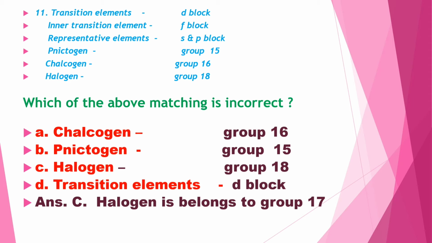Halogen group 18 is not correct, because noble gases are group 18 and halogens belong to group 17. C is incorrect. D, transition elements, d block elements, is correct. So the incorrect matching is halogen group 18. C is the correct option.